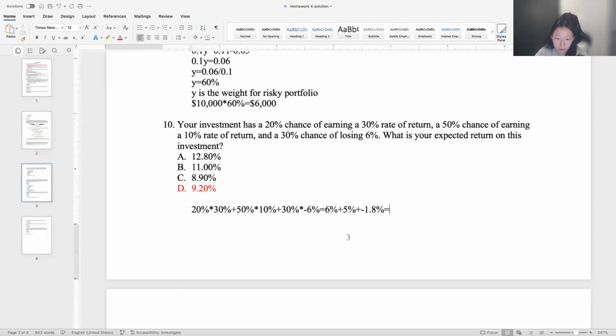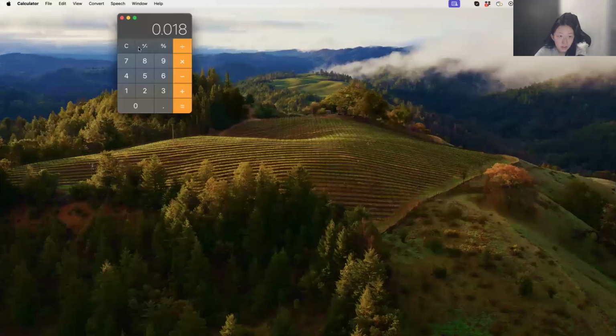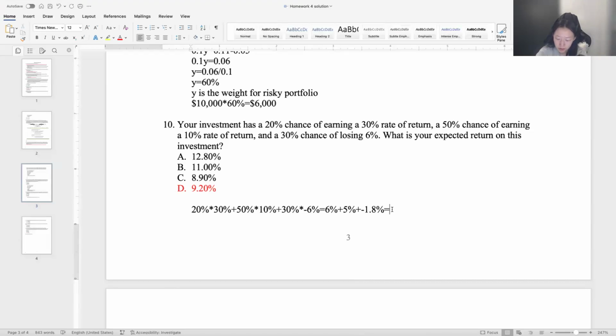Yes, equals 6 plus 5 minus 1.8, 9.2. Okay, so we got 9.2% here.